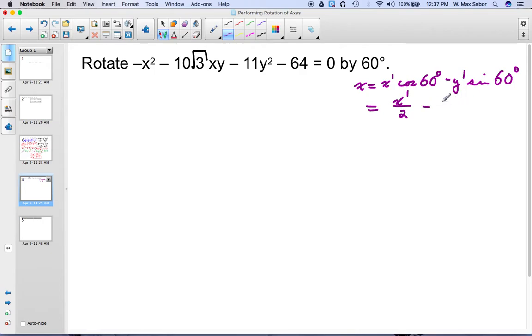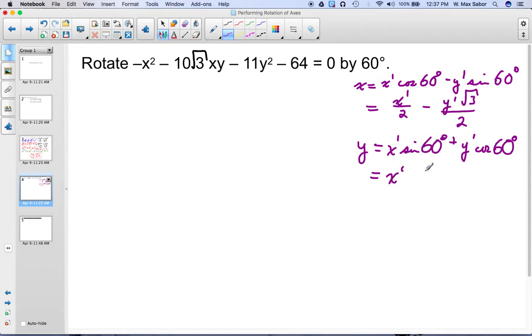Sine of 60 is square root of 3 over 2. And now for y, it's x prime sine 60 plus y prime cosine 60, which is x prime times sine of 60, square root of 3 over 2. Cosine of 60 is y prime over 2.